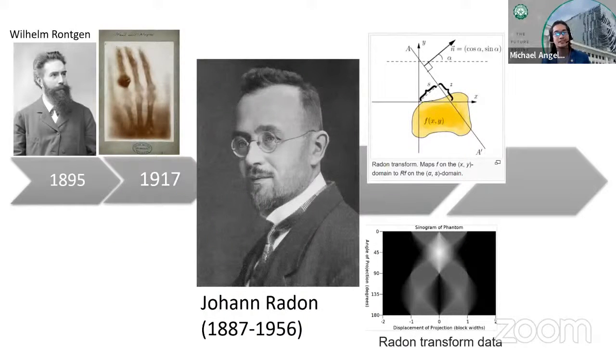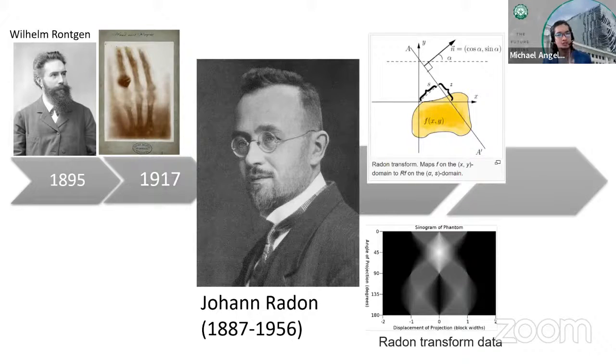And of course, it is also important to know the theoretical aspect of the topic, so I would like to introduce to you the mathematician, Professor Johann Radon. Because sometime around 1917, more than 2 decades after the discovery of X-ray, an Austrian mathematician provided us the mathematics to reconstruct a cross-sectional image from the projection data, or what we call right now as sinogram or Radon transform data.